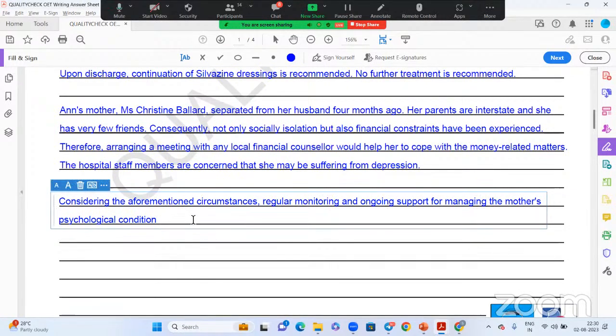Considering the aforementioned circumstances, regular monitoring and ongoing support for managing the mother's psychological condition would be profoundly beneficial.